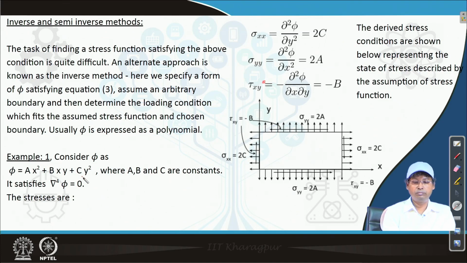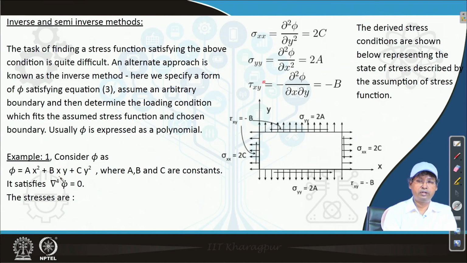Where a, b and c are constants, it satisfies grad 4 phi. That means the fourth derivative with respect to x definitely goes to 0, and similarly the partial derivative with respect to y.